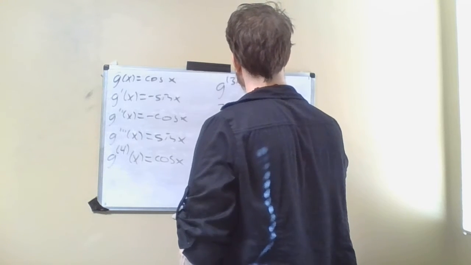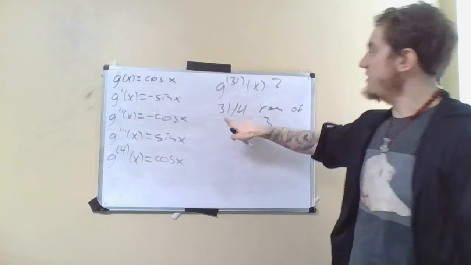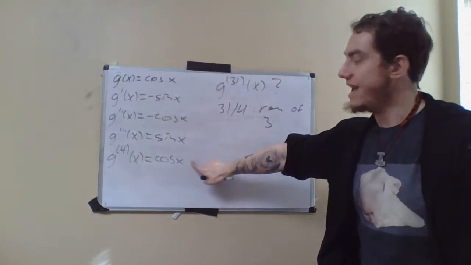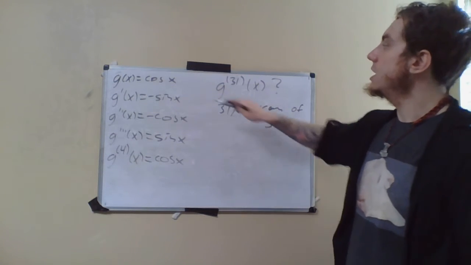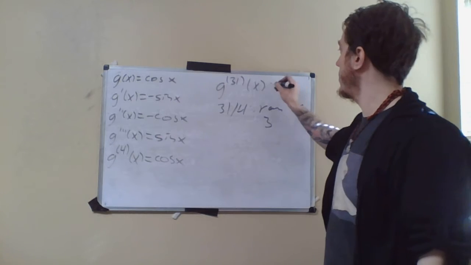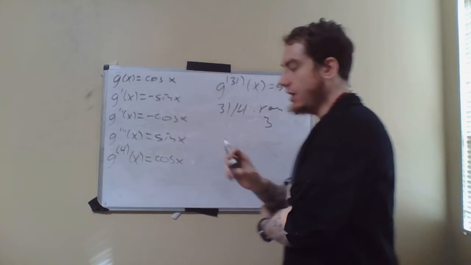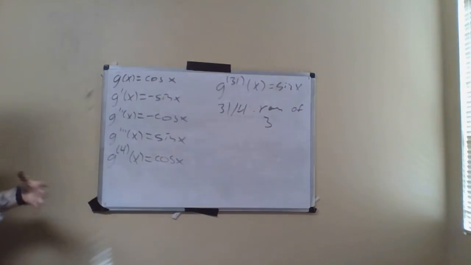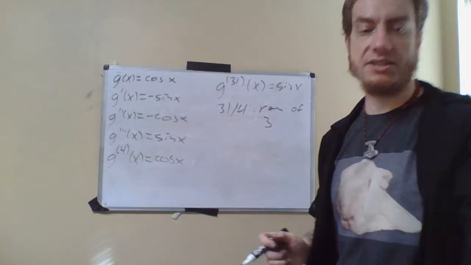This has a remainder of 3. So if you do 28 derivatives, you end up back where you start, and then you have to do 3 more derivatives. So that would go 1, 2, 3, and we end up with negative cosine x. The fact that they follow this cyclic pattern in cycles of 4 is really quite nice here.